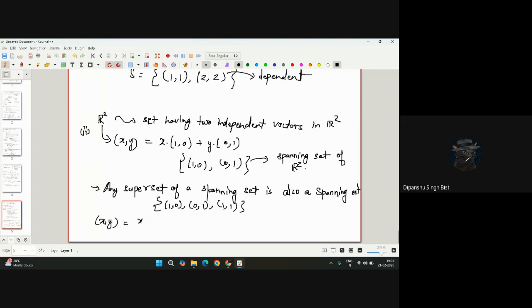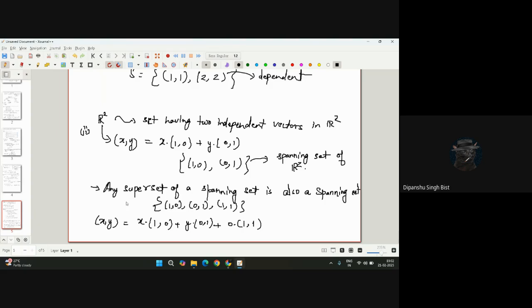I'll use a very simple way of doing it. I'll just say 0 times 1 comma 1. Similarly, if you add more vectors to this set, I can still write 0 times that, and that would still give me any x comma y. So it still remains a spanning set.